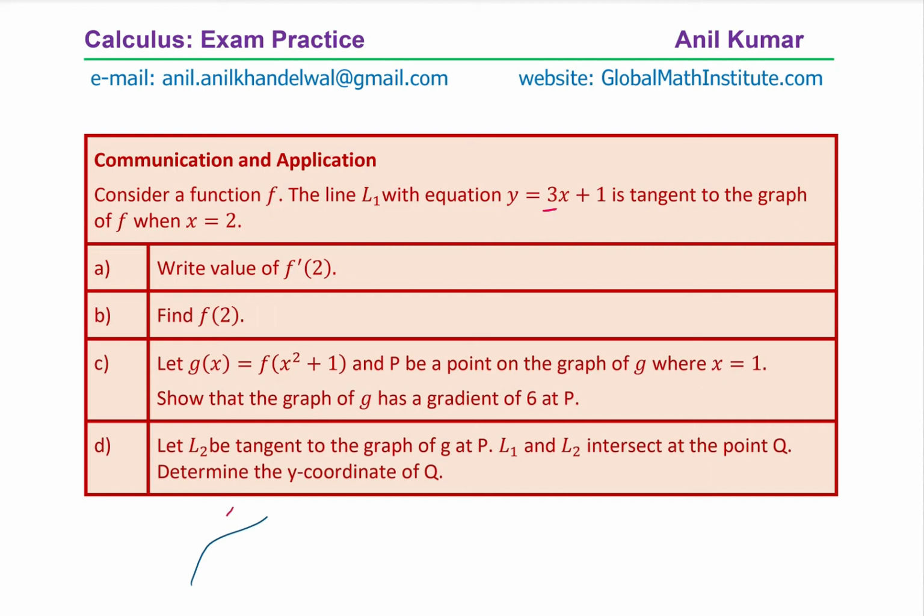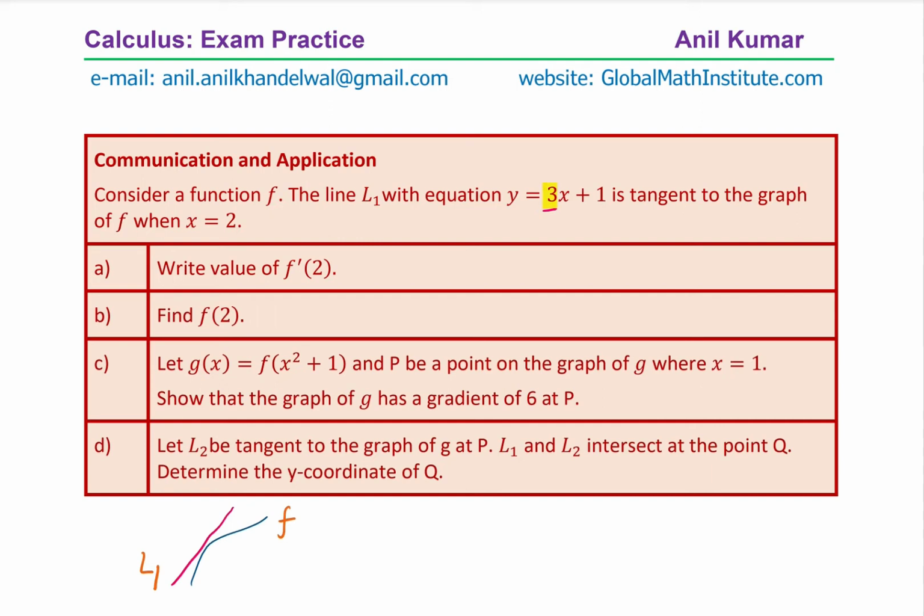So if I draw a line here, consider a function f. This is the line L1 with equation 3x plus 1. If the equation is 3x plus 1, the slope is 3, right?